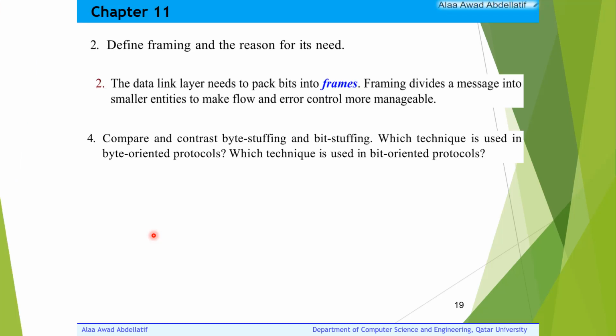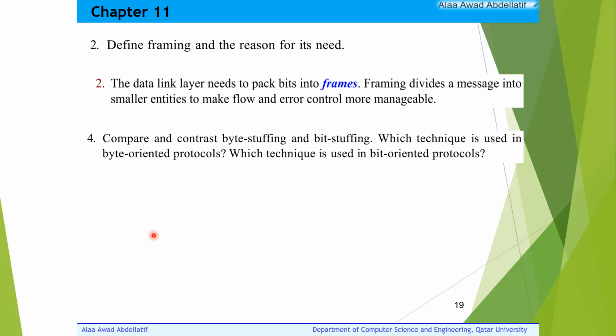Okay, chapter 11. Define framing and the reason for its need. What's framing and why do we need it? You will be asked questions like this in the midterm: one multiple choice question with two other written questions. Framing is dividing the message into smaller pieces, or frames of bits.